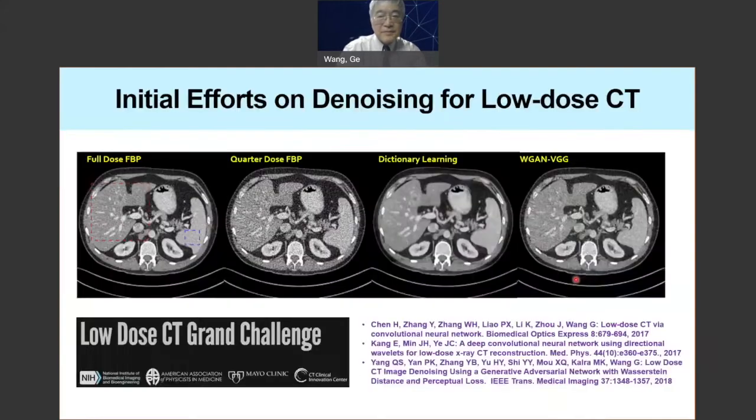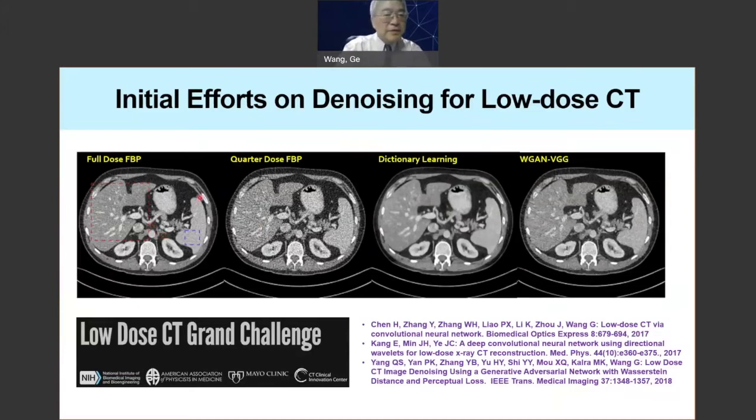First example is low dose CT. We know CT is very important, and oftentimes a CT scan is the first examination before any major medical intervention is taken. But radiation dose is harmful for the human body.